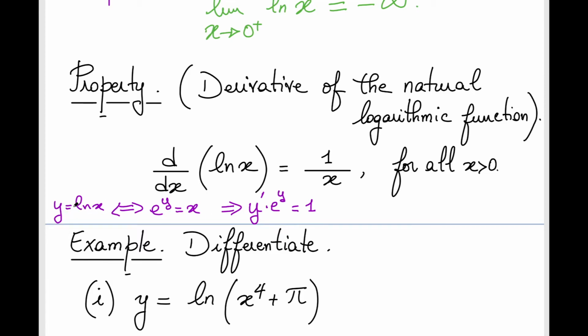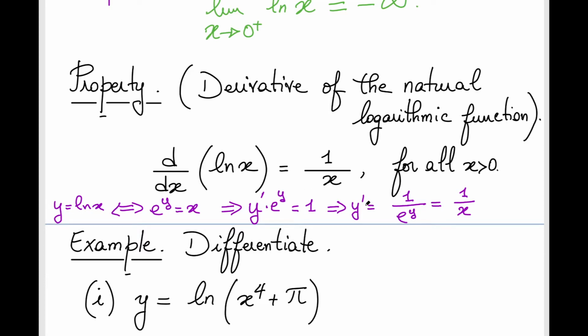I want y prime, the derivative of y. So y prime is equal to 1 over e^y, and I can divide by e^y because the exponential function is never 0. And what's e to the power y? e to the power y is x. So that's 1 over x. So that's this result.